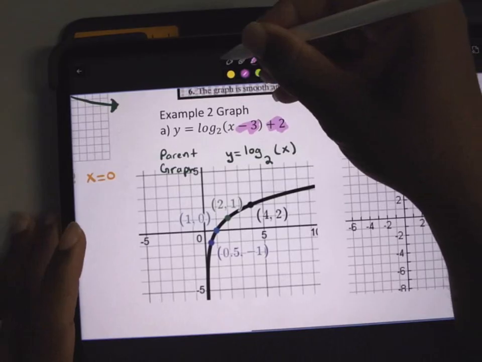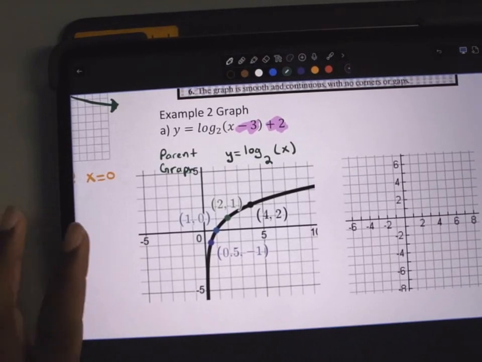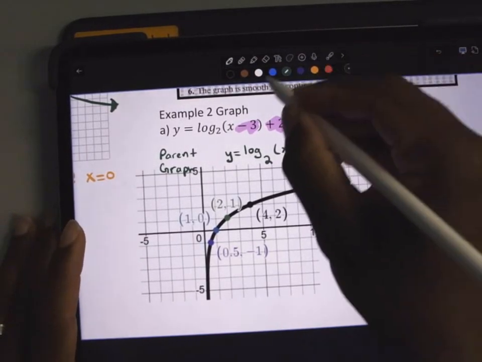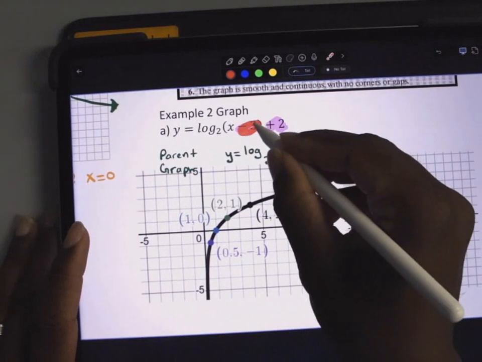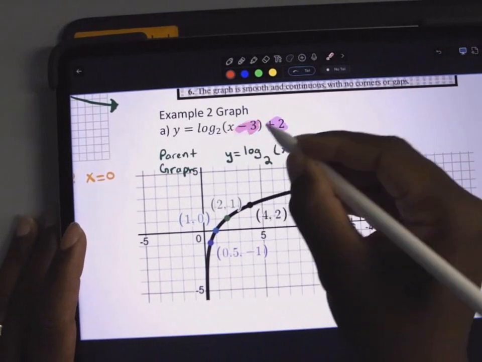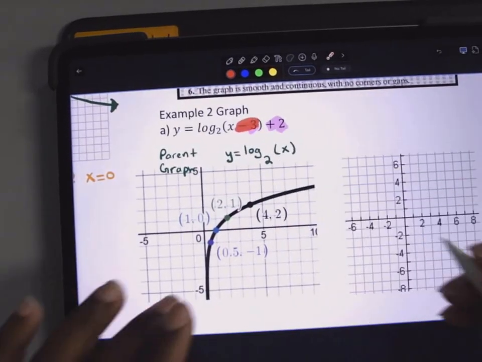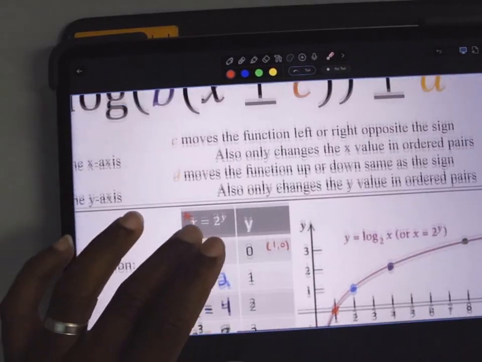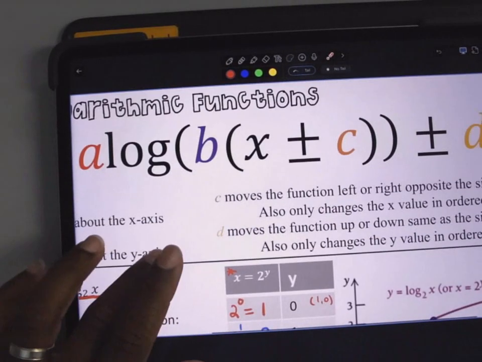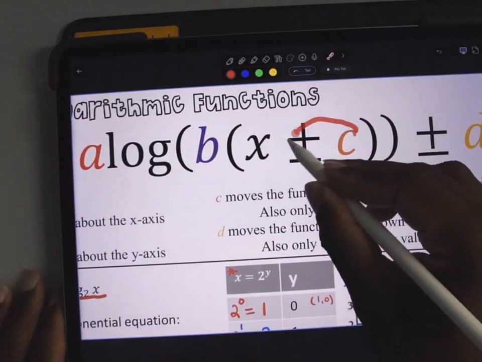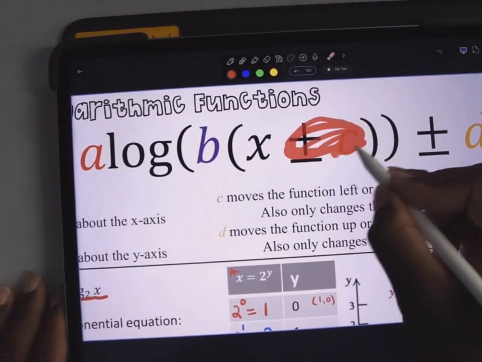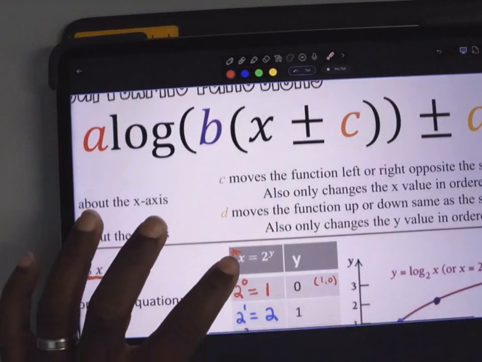So just to show you how you use this little graphic at the top, if I first want to see what this 3 does, -3, notice it's inside the parentheses being subtracted from x. Let's see what that is up at the top. So if I look, that's in the same spot as the c. So my question is, what does c do?